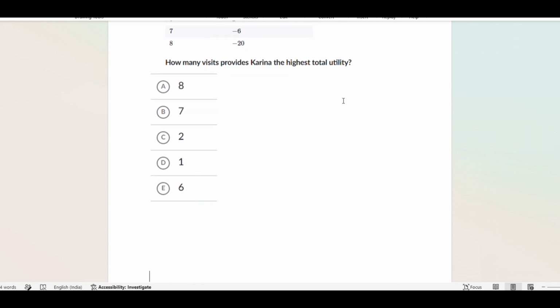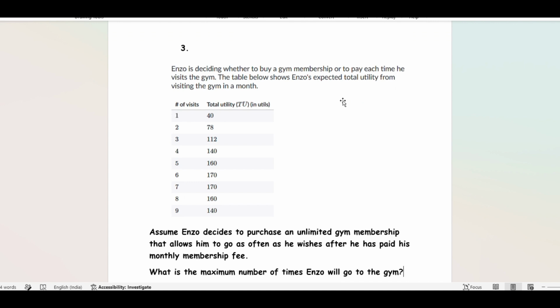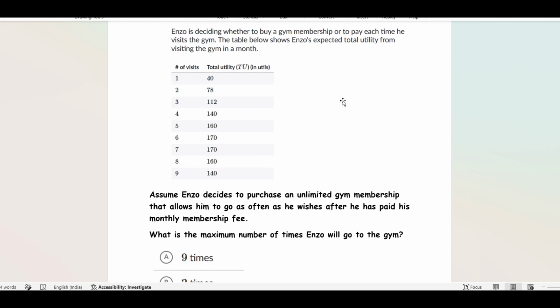All right. And then the last one is this that I had given you. So that's again the total utility. It's a gym membership, every time he goes to the gym. Again, what is the maximum number of times Enzo will go to the gym? So again, you will see where the marginal utility turns out to be 0.